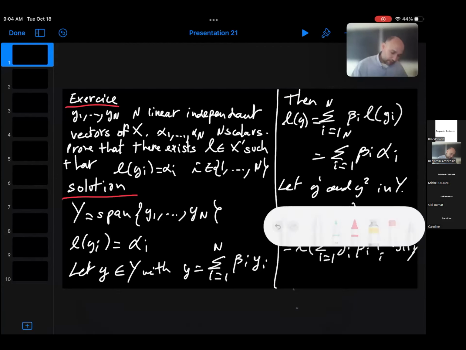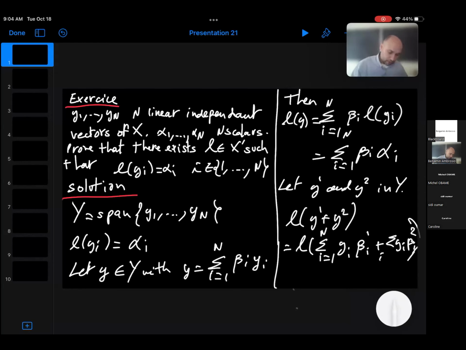Then I can put the yi in front. So this is the sum over i of beta 1i plus beta 2i times yi. And now, because L is linear, I can take this out.